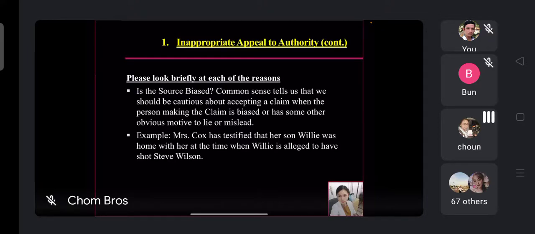I can't believe that a good woman like Mrs. Cox would lie to protect her son. I think Wallace is innocent.